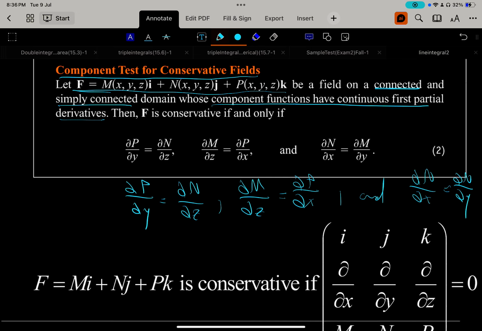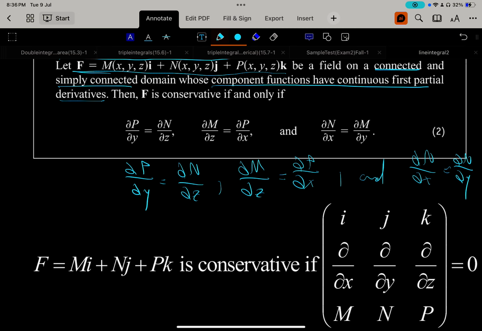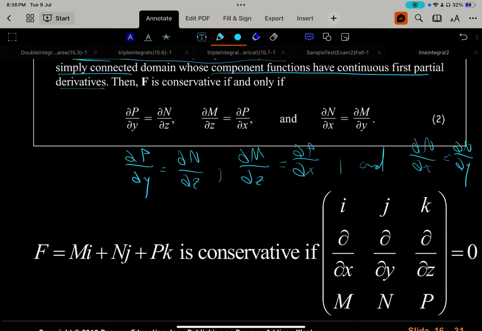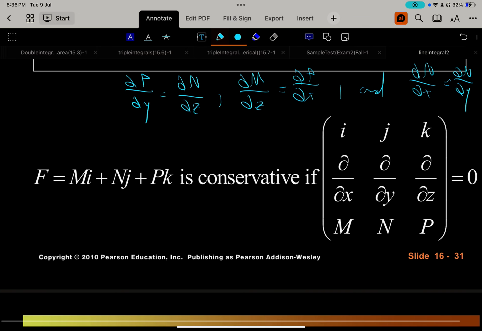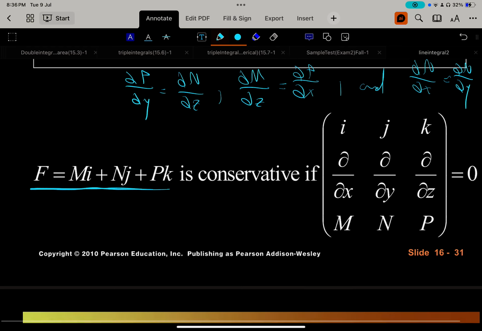Now this could look complicated if you want to memorize it like this. One way to do it is to put it in a matrix, as you can see. The field F equals M i plus N j plus P k is conservative if this determinant is equal to 0.